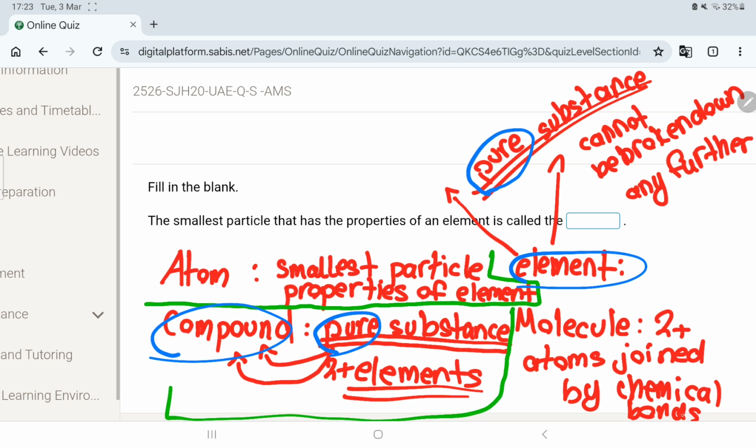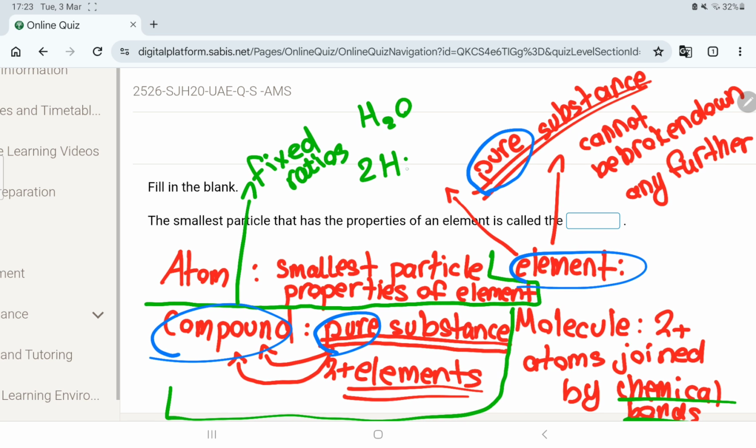Because I think they're going to ask you a question like, what are molecules joined by? What holds molecules together? Chemical bonds. And also they're going to ask you, I think, what holds compounds together? Fixed ratios. For example, when I say H2O, we have 2 hydrogen to 1 oxygen, right? I'm not going to say 8 hydrogen to 2 oxygen, right?